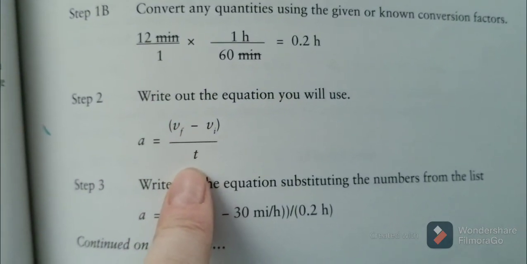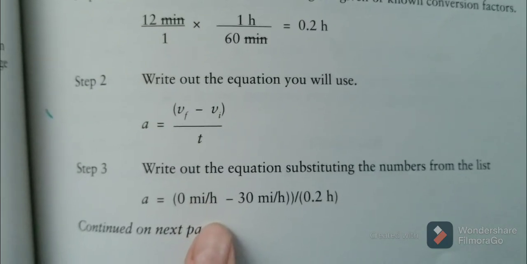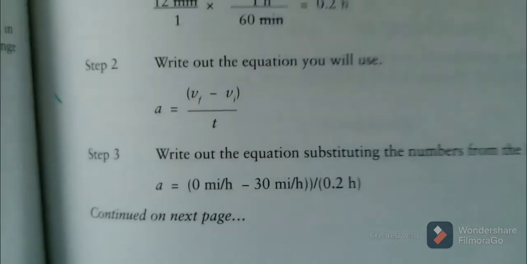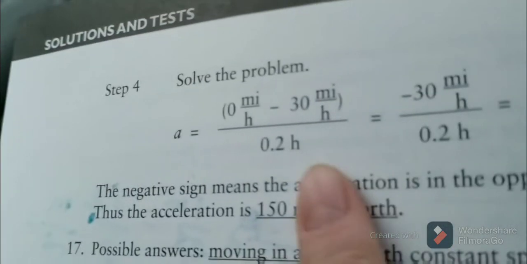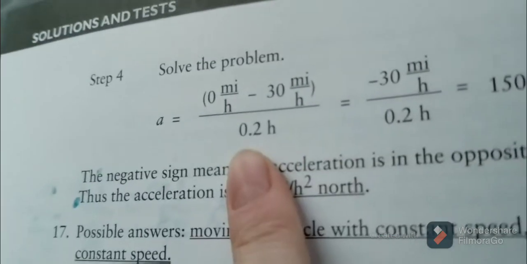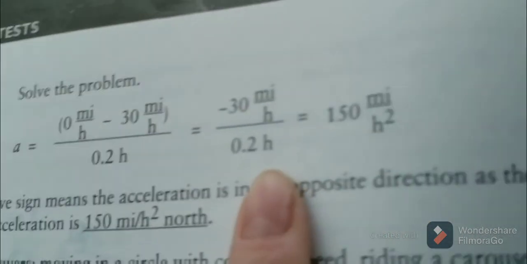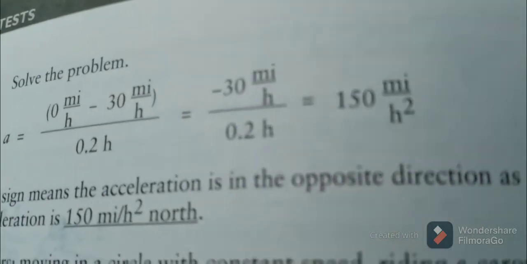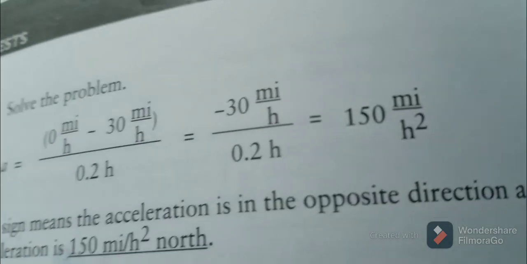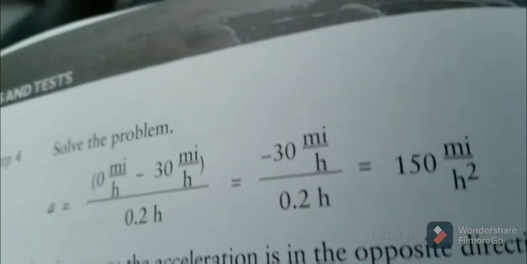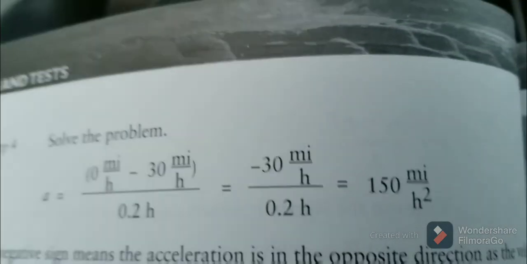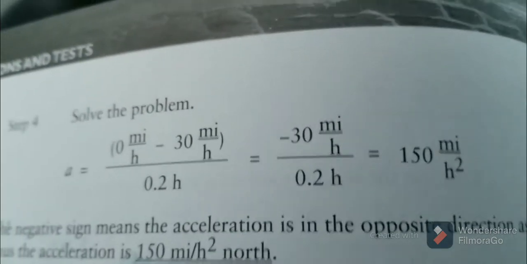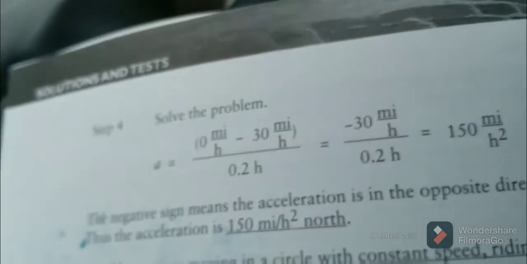There's our formula. You plug it all in, and we work it all out, and we end up with 150 miles per hour squared. They do all that multiplication flippy floppy thing without you seeing it, but that's what I just showed you how they did.